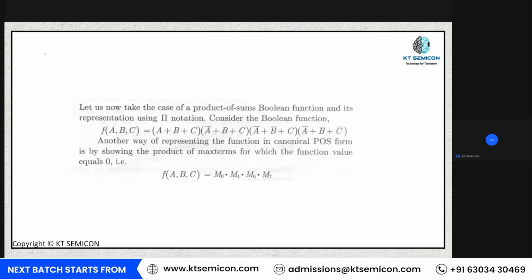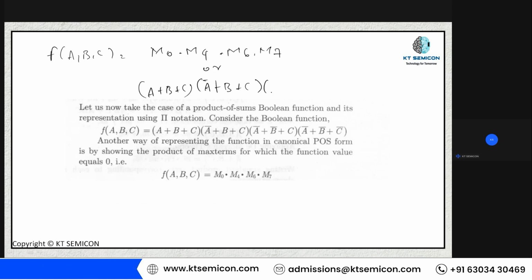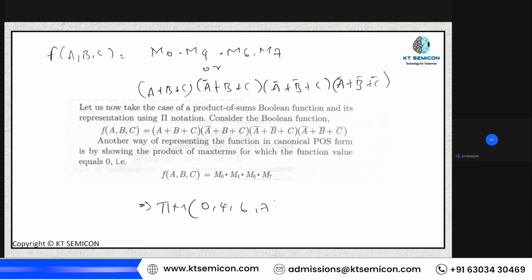For example, f of a, b, c equal to M0 dot M4 dot M6 dot M7, you can represent this as (a + b + c)(a bar + b + c)(a bar + b bar + c)(a bar + b bar + c bar). Or else you can also use pi notation for representing them as 0, 4, 6 and 7. So this is how you can represent your standard POS form of representation.